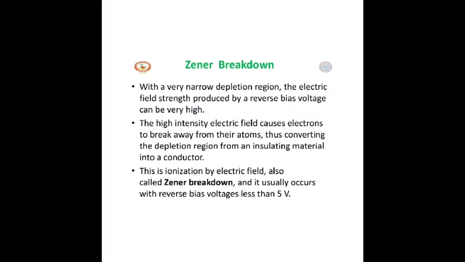The high intensity electric field causes electrons to break away from their atoms, thus converting the depletion region from an insulating material into a conductor. This ionization by electric field is also called Zener breakdown, and it usually occurs with reverse bias voltage which is less than 5 volts.